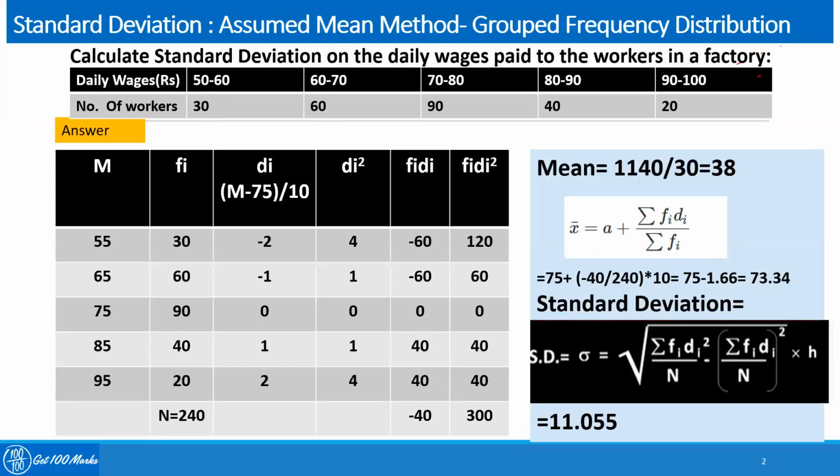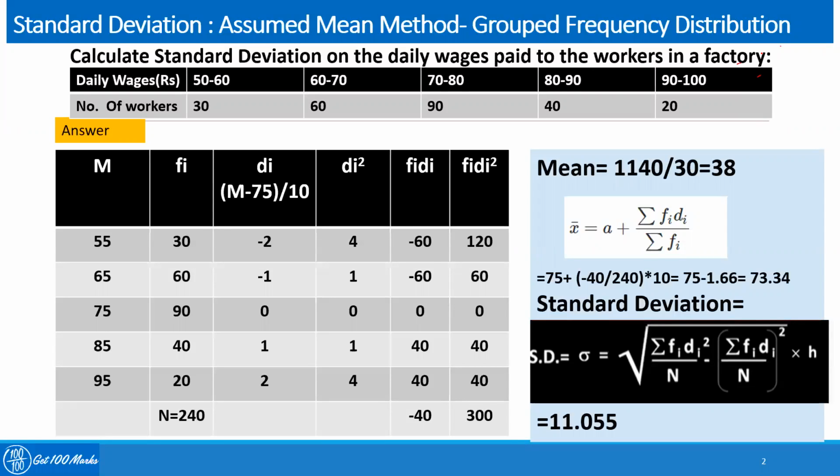Now, to remind you, we have already done standard deviation for 3 types of data: for ungrouped data, for a single series of observations, and for grouped frequency distribution. Many times, whatever the mean is, if it does not come as an integer, it will always be difficult to calculate the d value.